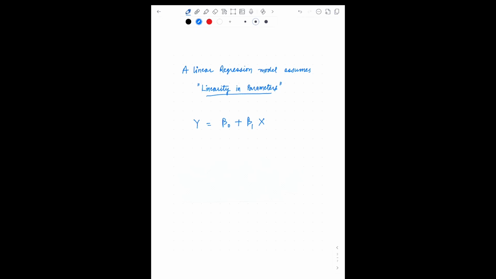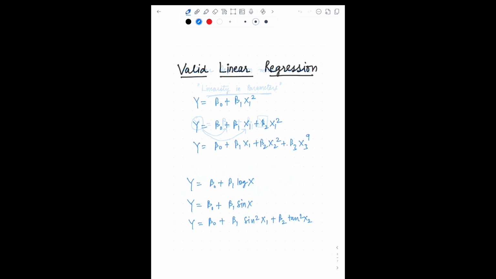The first assumption of the linear regression model assumes linearity in parameters, which means the target variable y should be a linear combination of the estimates beta naught and beta 1 and not necessarily the independent variable x. All of this implies that this is a linear regression model. Even this is a linear regression model, and for that sake, any power of x is also a linear regression model.